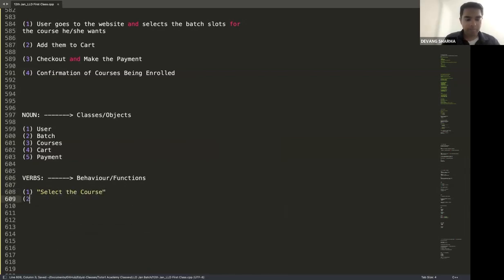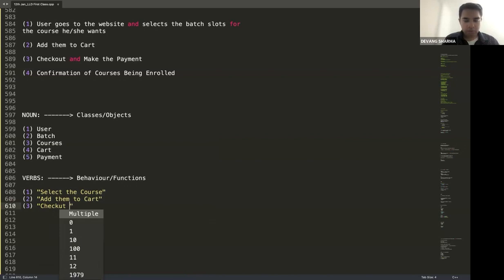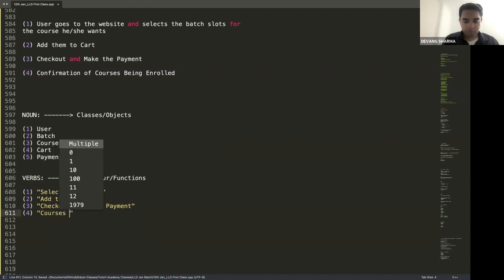Number two, add them to cart. That is a behavior. Number three, check out and make payment. That is a behavior. Number four, course is being enrolled. That is a behavior.